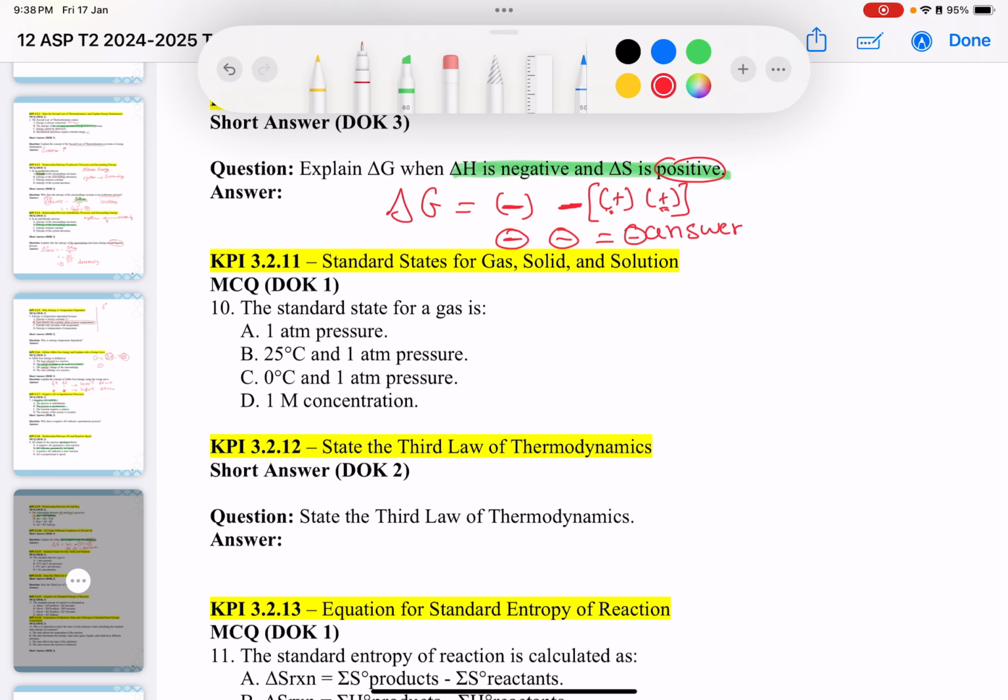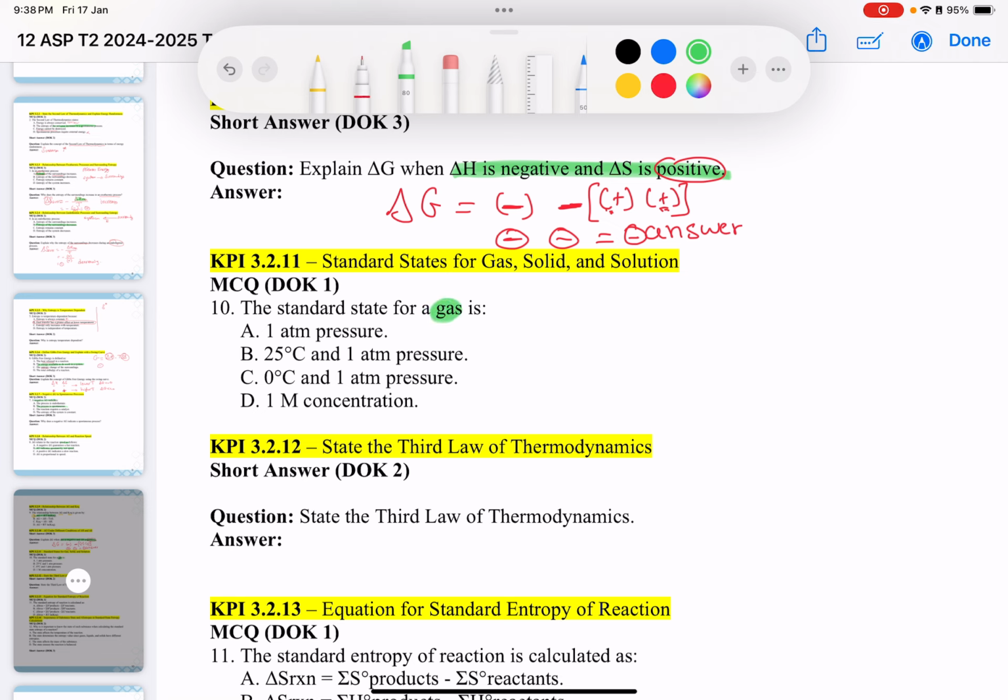Next, the standard state of a gas, so the standard conditions of a gas. At 1 atmosphere, be careful with the temperature. This is the condition for solids and liquids.